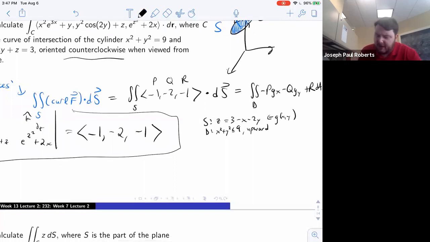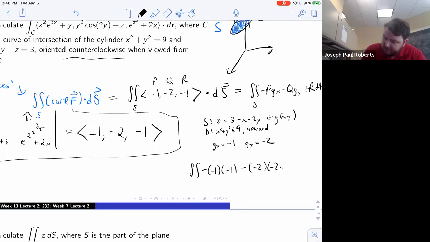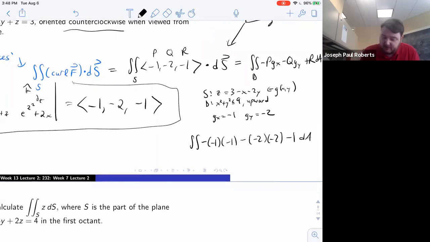So I put it all together. It looks like gx is minus 1 and gy is minus 2. So I get minus p gx minus q gy plus r, which looks like it's what? Minus 6 dA.